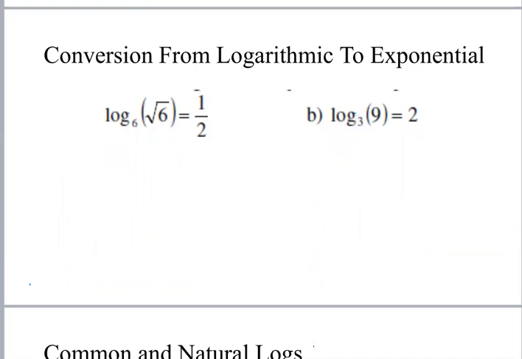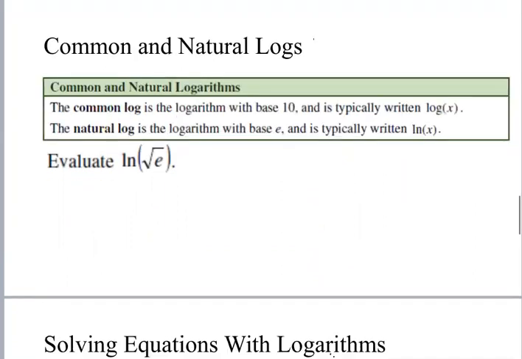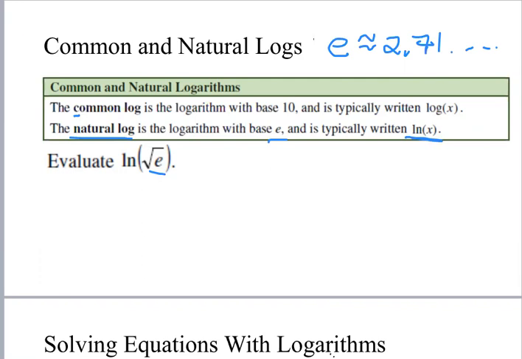All right, then continuing, we have something called a common log and a natural log, and that's that idea of this e. So e is a button on your calculator. It's approximately 2.71 and so on, but it's a little more special. A natural log with a base e is called ln, whereas a common log has a base 10 and is usually written log.